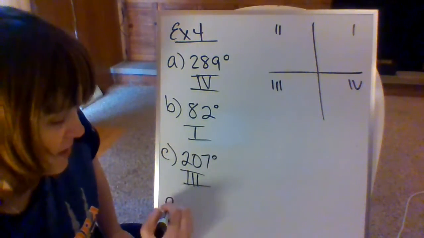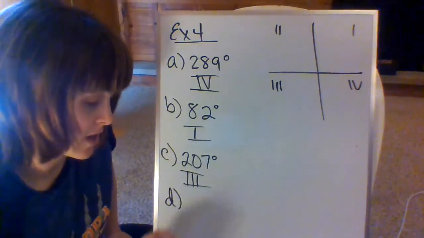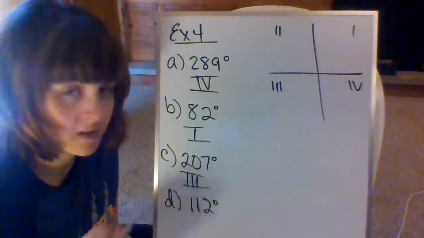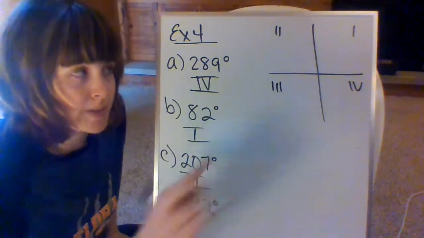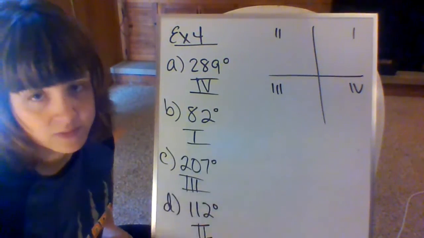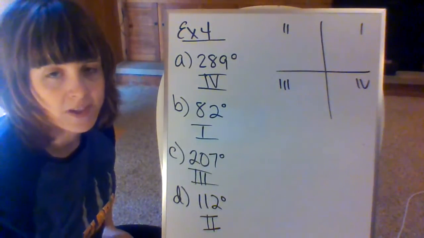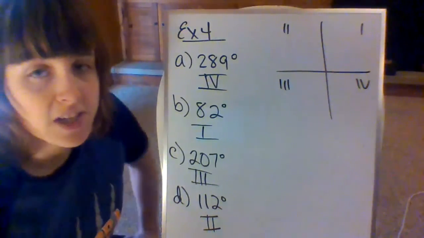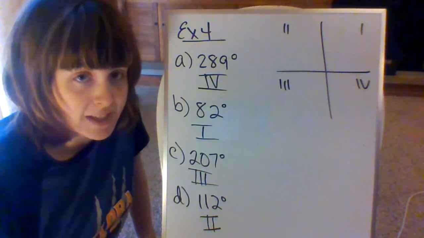And then lastly, we have 112 degrees. So 112 is between 90 and 180, so it's going to be in quadrant 2. Okay. So that's how you identify what quadrant something's in.